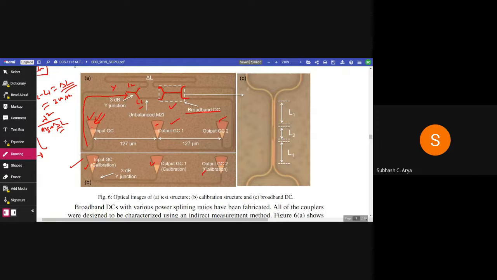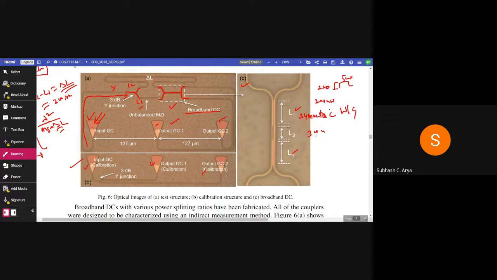And on the right hand side in figure C we can see L1, L2, L1. The L1 are the symmetric waveguides, and L2 is the asymmetric waveguide. So we know here 200 nanometer separation, here 300 nanometer separation, 500 nanometer is the waveguide width, and 220 nanometer is the waveguide height.